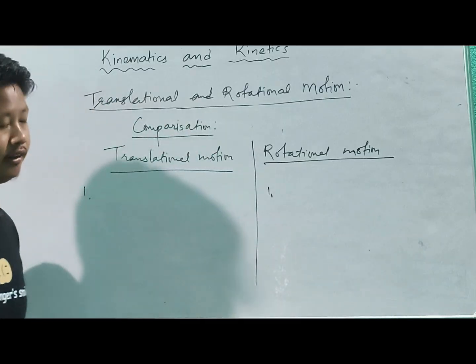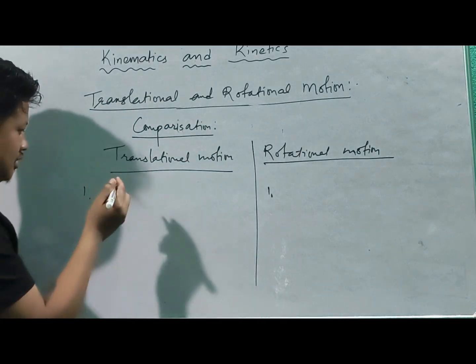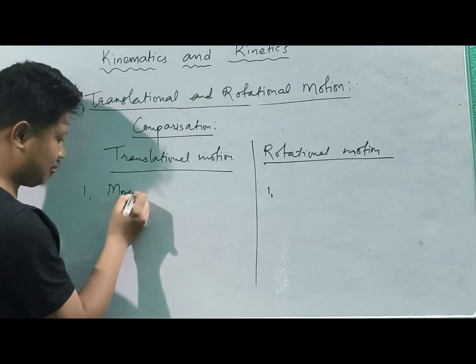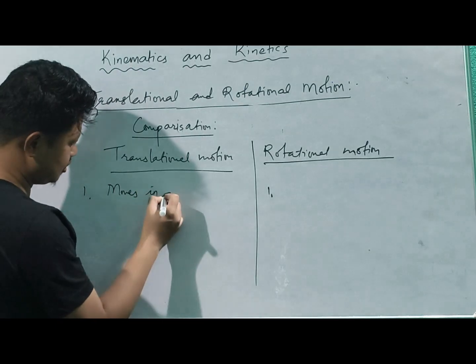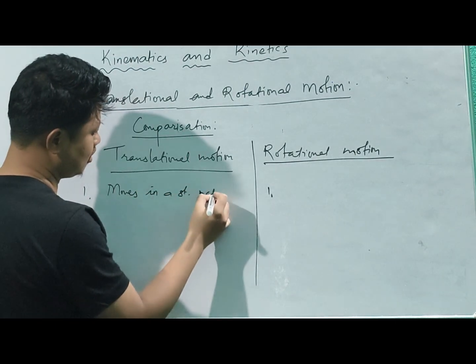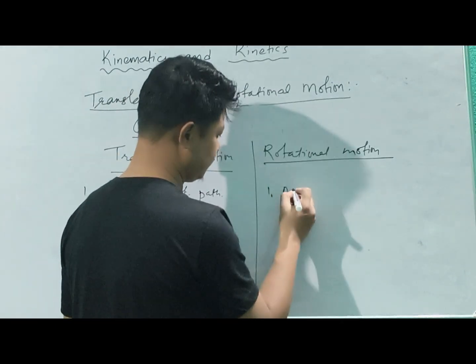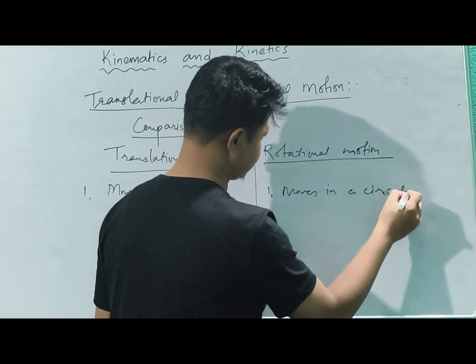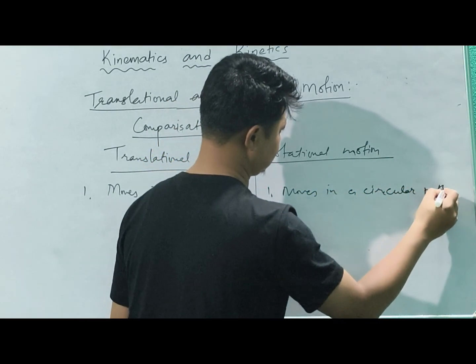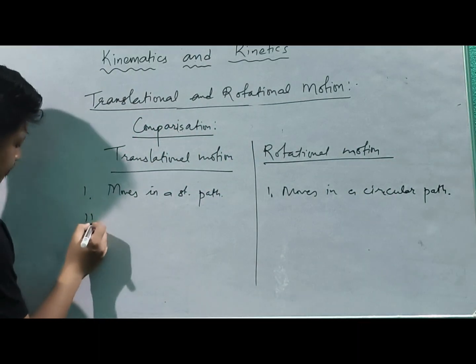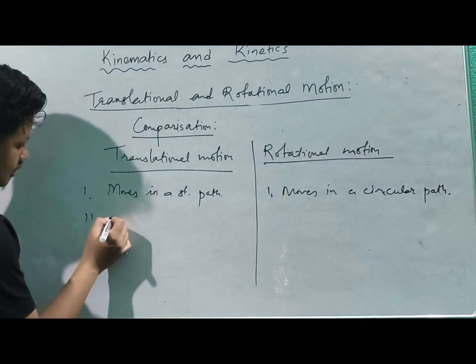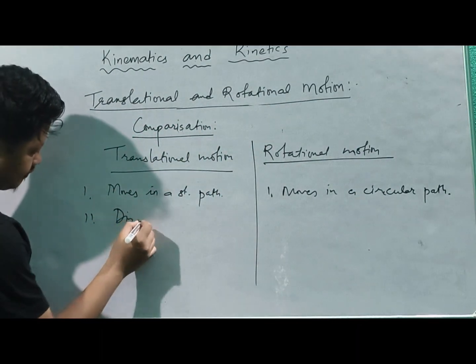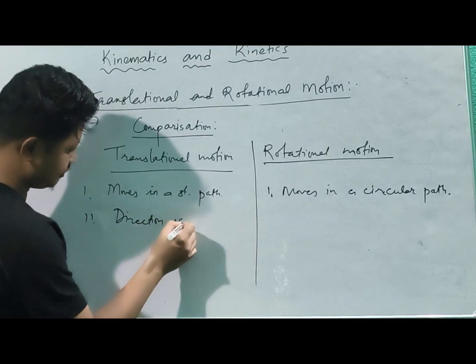Number one. Translational motion moves in a straight path. Rotational motion moves in a circular path. Number two, direction is fixed.